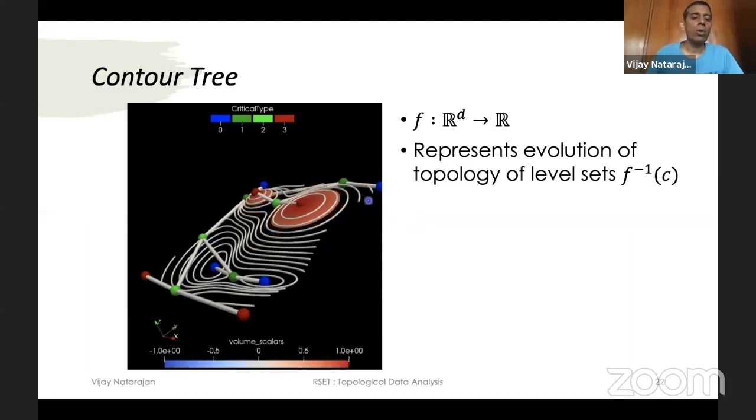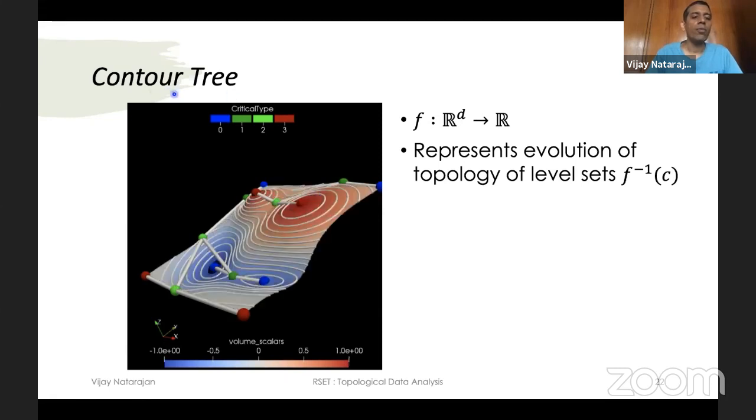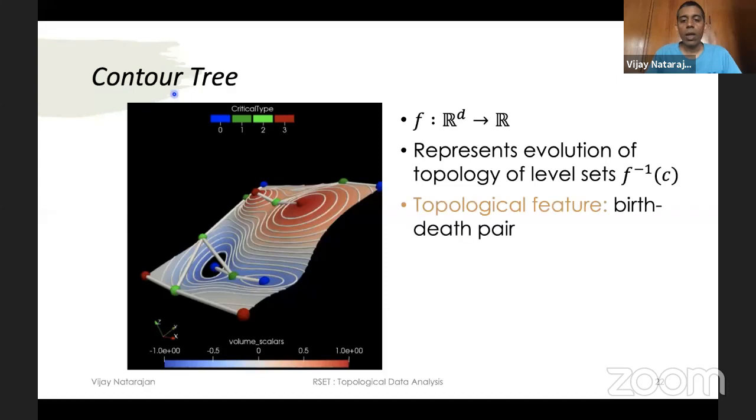It's called the contour tree because each level set component, so in this case, there was this one component that is called a contour, right? So the tree represents the evolution of these contours. This is a very interesting representation because it's able to capture what I call topological features, right?